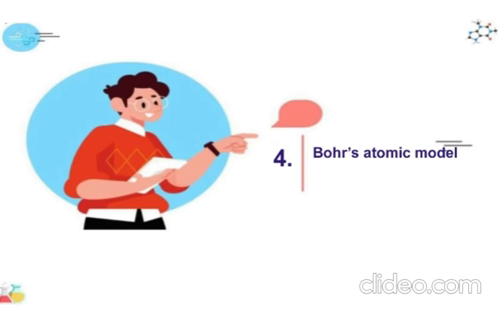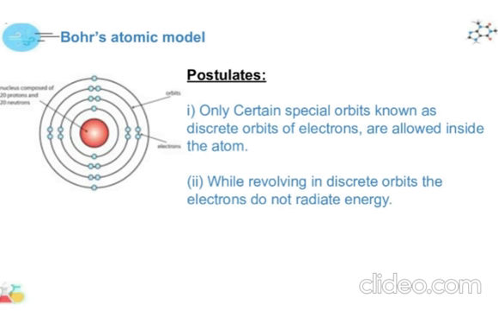Then came the model which was universally accepted, which was Bohr's atomic model. In Bohr's atomic model, he explained that there are some shells in the atoms. Let's understand his postulates. He said that only certain special orbits, known as discrete orbits of electrons, are allowed inside the atoms. We are going to study them in detail.